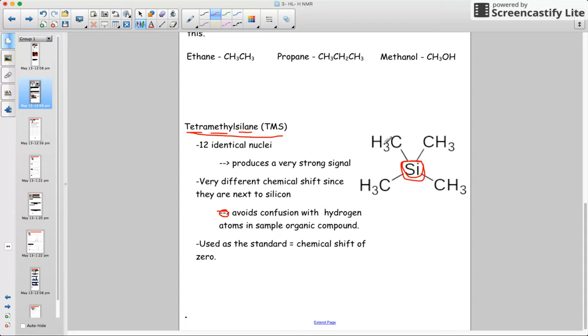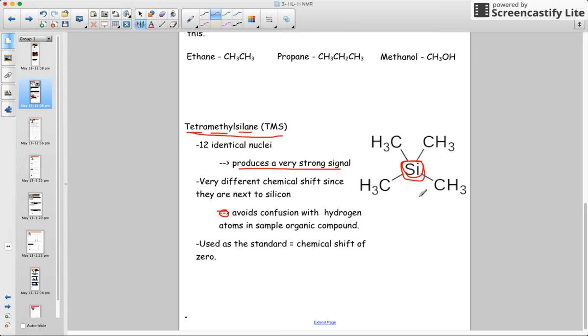It also has a lot of hydrogens on it. It has 12 hydrogens all in the same environment, and therefore it produces a very strong signal. It's very easy to pick up with the device. And so it ends up being a good standard for those two reasons. It gives you a clear signal that's very different from the sample being tested.